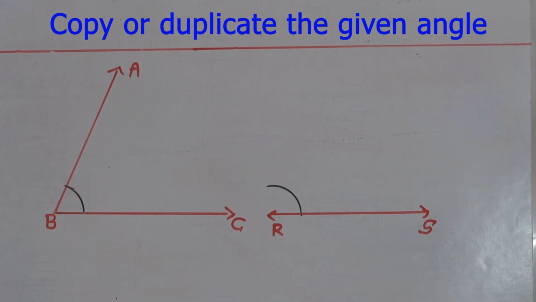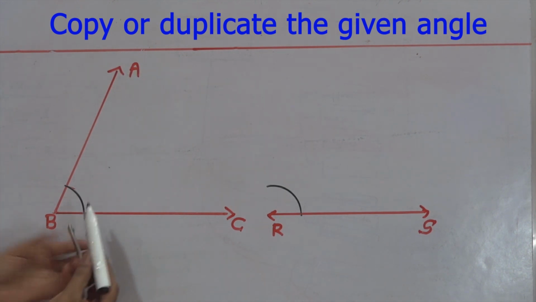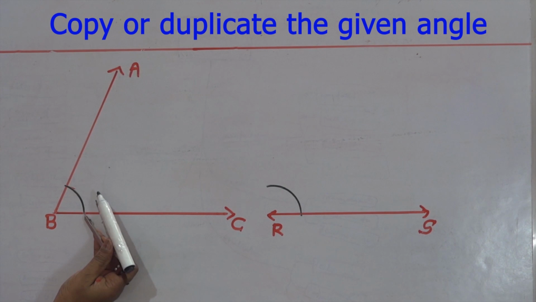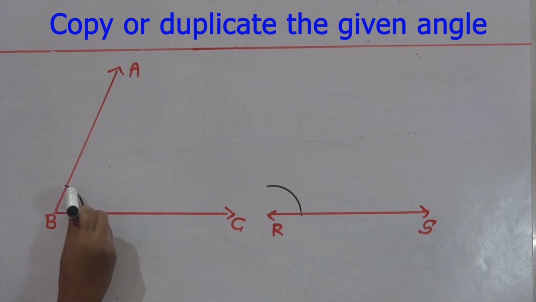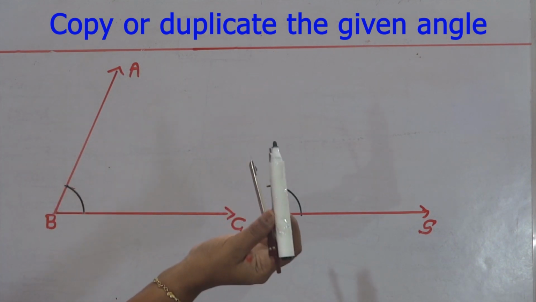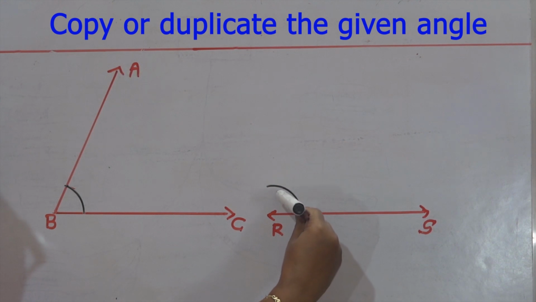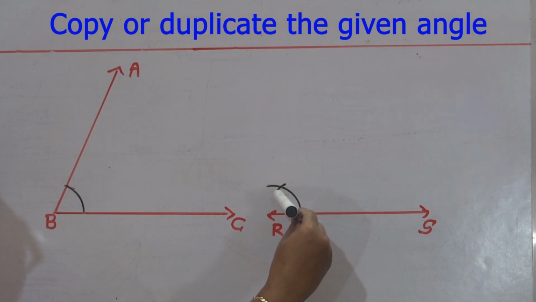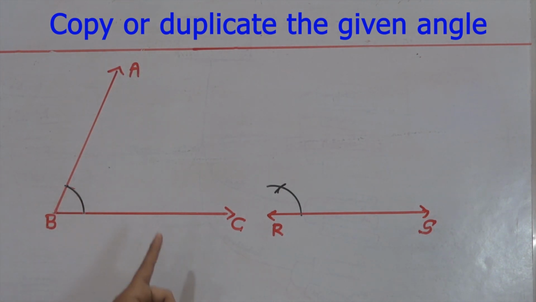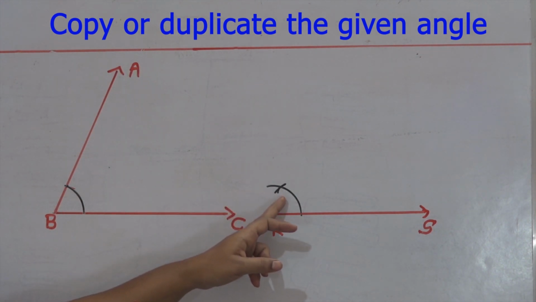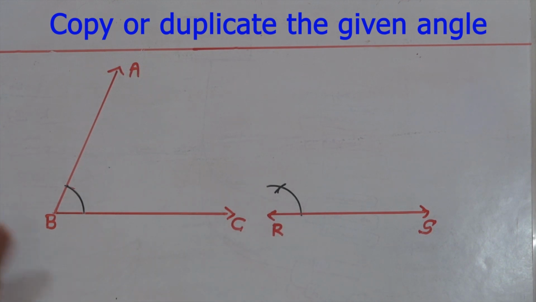Now to mark the width of the angle, keep the needle at one point here and measure the width of the angle. Now this is the width. Keep the needle here and make a mark on the already created arc. Now you might be observing that the arcs which we have created are intersecting at one point.